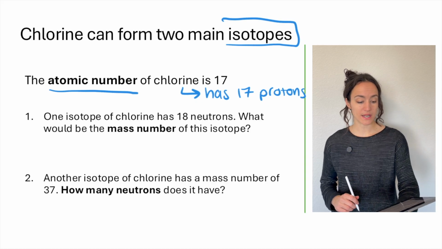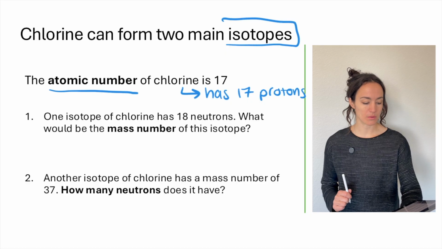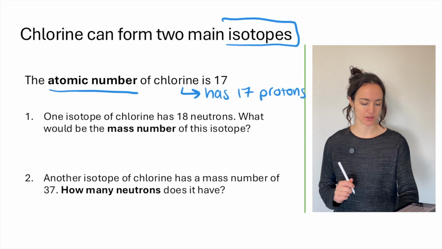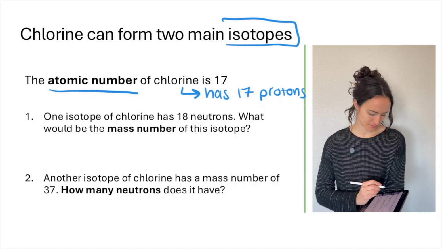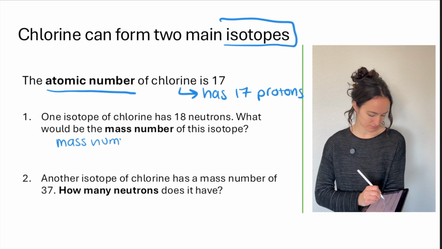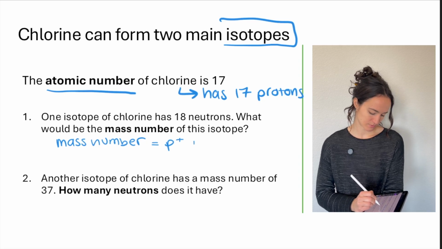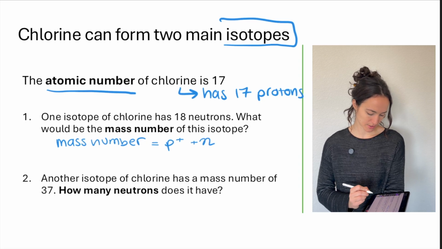Question number 1 says, 1 isotope of chlorine has 18 neutrons. What would the mass number of this isotope be? I know that mass number, I'm going to write it out for us, is protons plus neutrons.